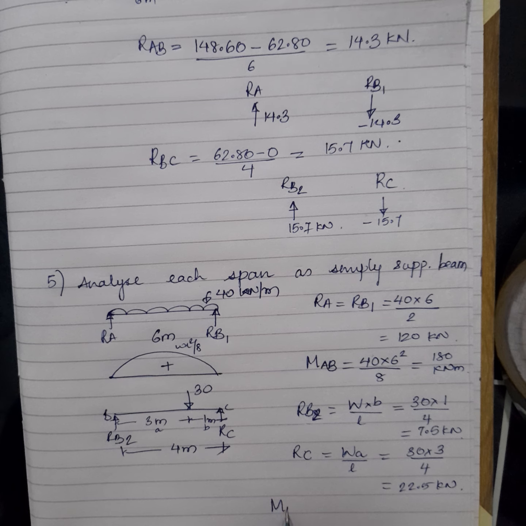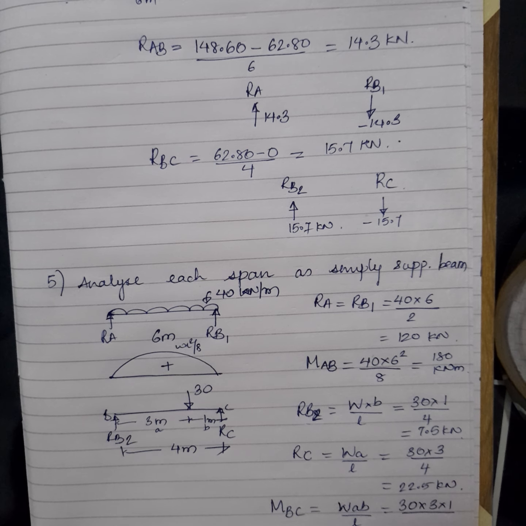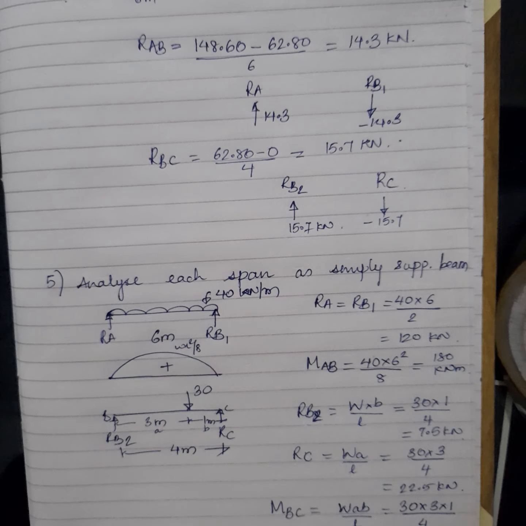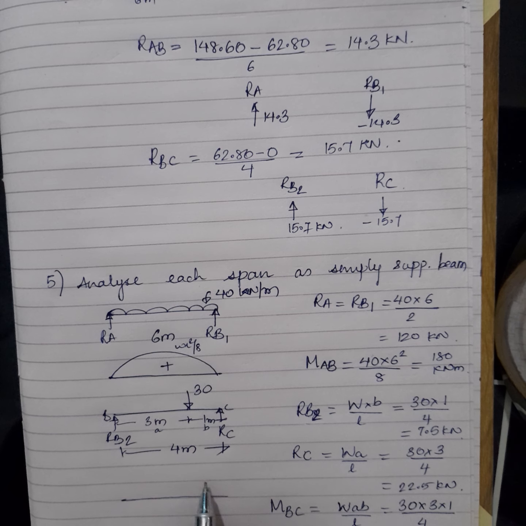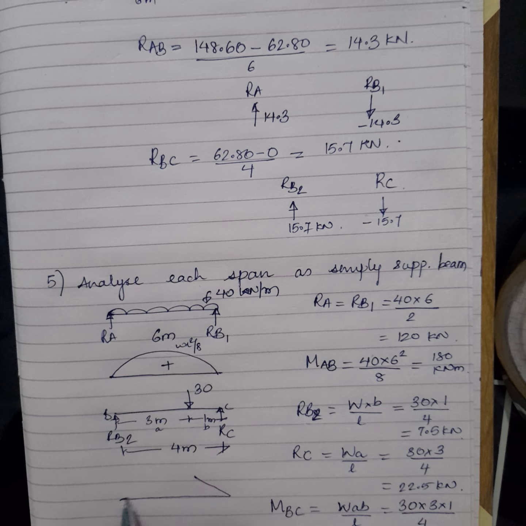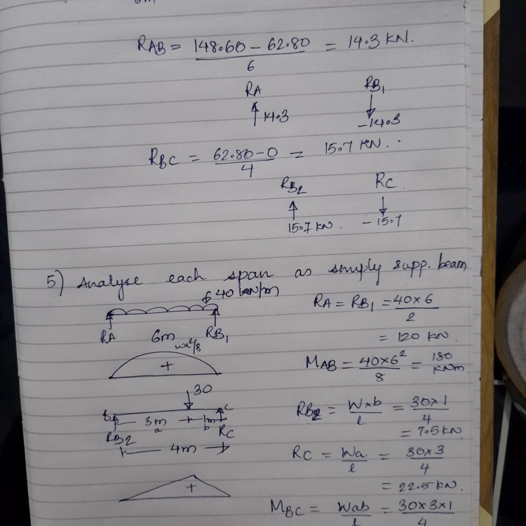And we have moment BC, positive moment BC, sagging moment BC, WAB by L. So this will be 30 into 3 into 1 divided by 4, that is 22.5 kilonewton meter. Okay, so these are the sagging moments and reactions. This is plus, this is 22.5.